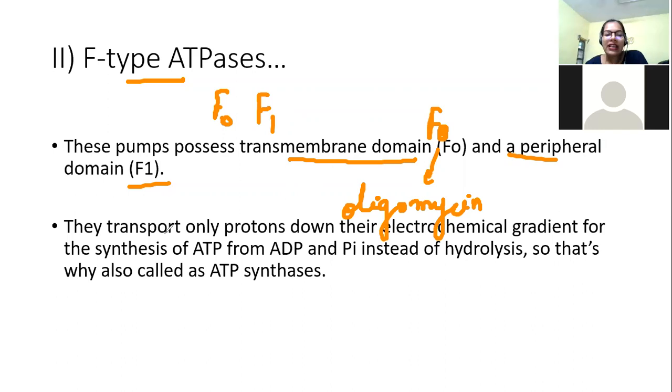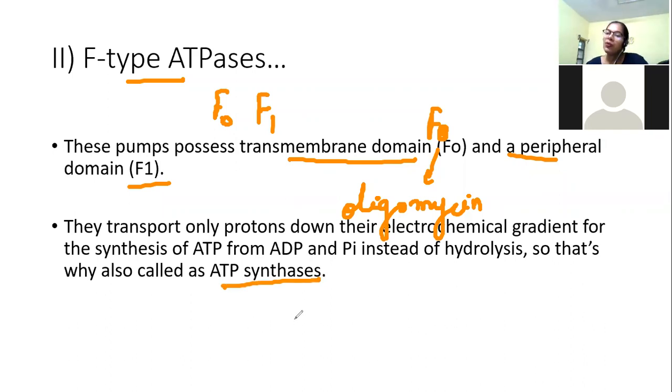Now, they transport only protons down their electrochemical gradient for the synthesis of ATP. Till now, all the pumps we have discussed cause ATP hydrolysis. This is the only pump in which we are going to talk about ATP synthesis, and that's why it is also called ATP synthase.